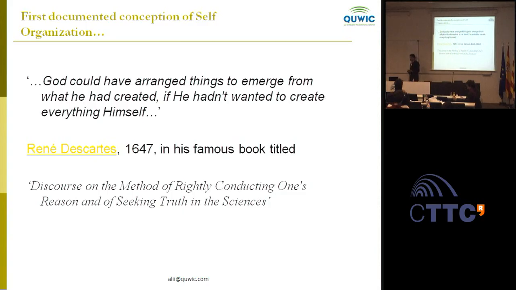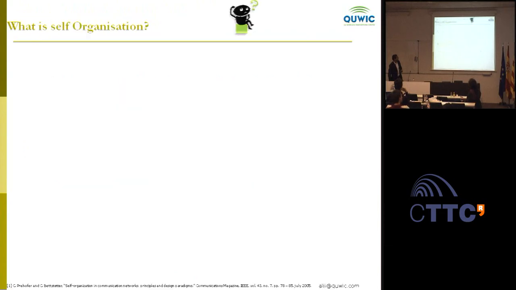Sometimes you can design something which can later emerge into something different. So the inspiration is from nature. God could have arranged things to emerge from what he had created if he did not want to create everything by himself. This is the most abstract definition you will ever find, but unfortunately it is the first idea of self-organization you will find in literature.